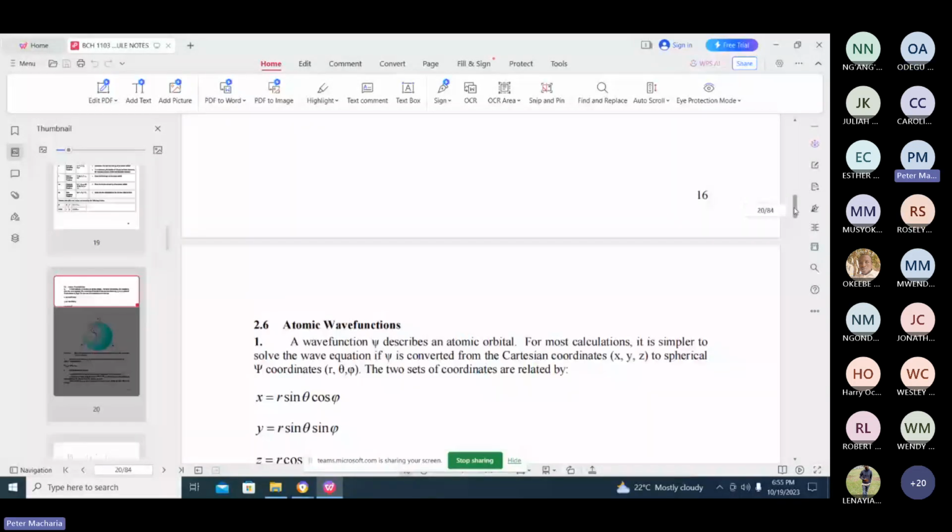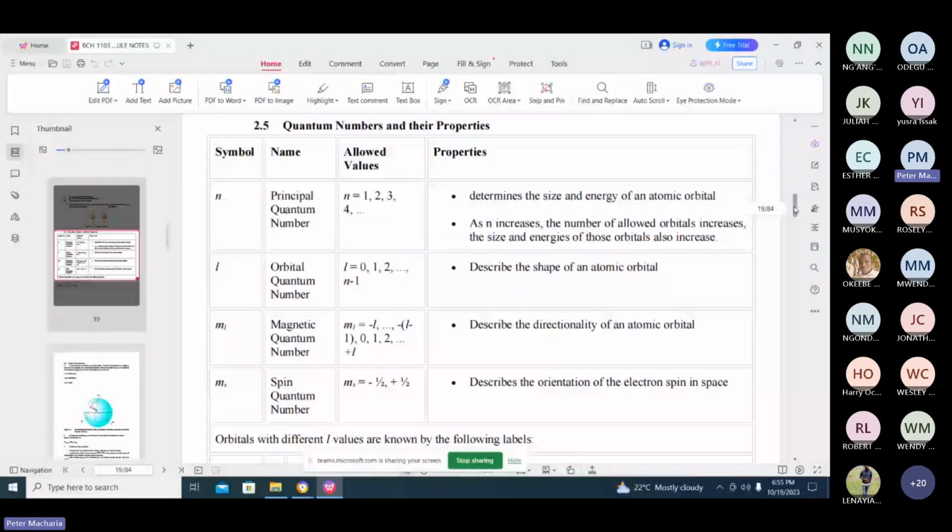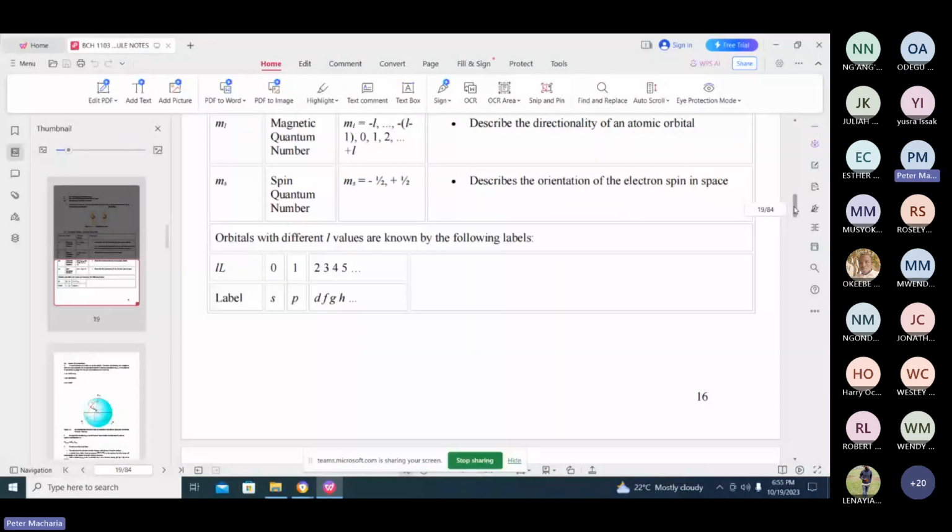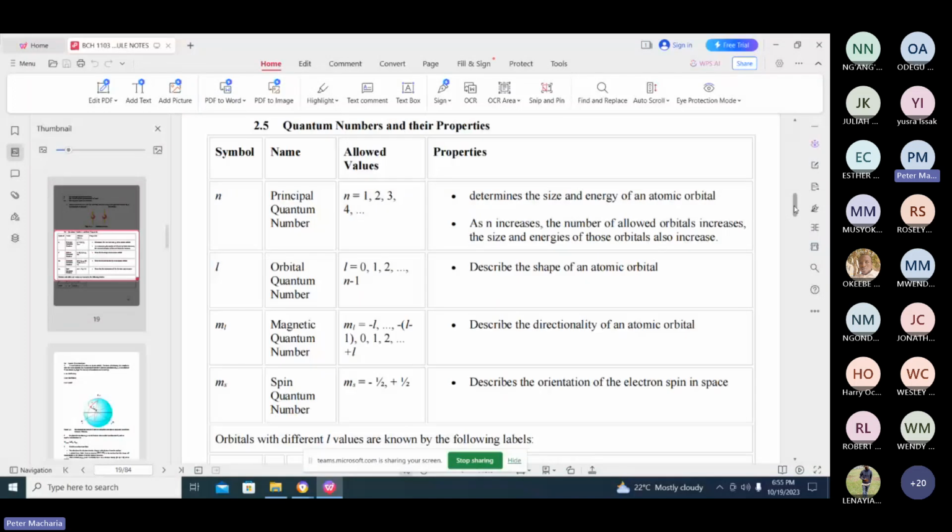Okay, let me redo. When it comes to the principal quantum number, that one you understand, isn't it? That the numbers are counted from the one nearest the nucleus out as you go out, right? Yes. And that is why we are saying that they determine the size of an orbital.